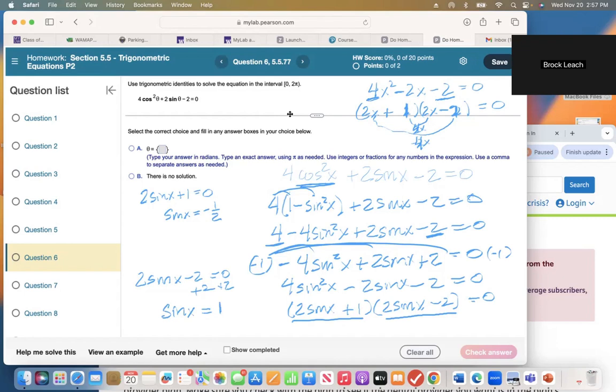If we're taking the arc sine, and I'm doing that each time, this x would come out to be negative pi over 6. And taking the arc sine here, x would be equal to, where we get 1, pi over 2.